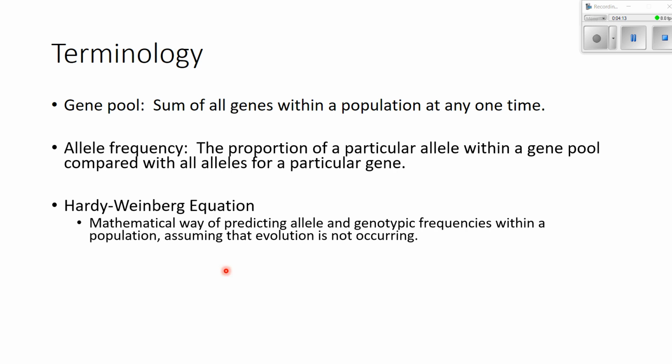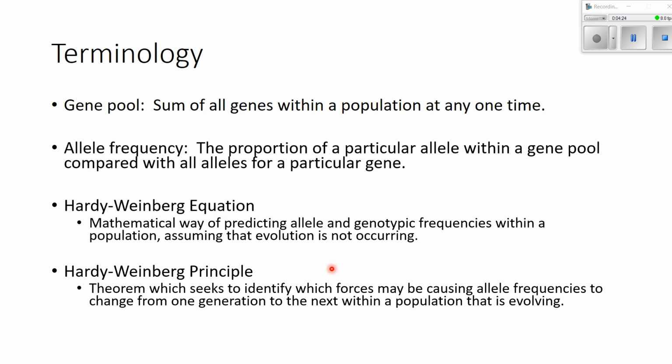And then related to that mathematical concept of the Hardy-Weinberg equation is an idea called the Hardy-Weinberg principle. And that is a theorem which seeks to identify which forces may be causing allele frequencies to change, certain alleles becoming more common, other alleles becoming maybe less common from one generation to the next within a population that is evolving.